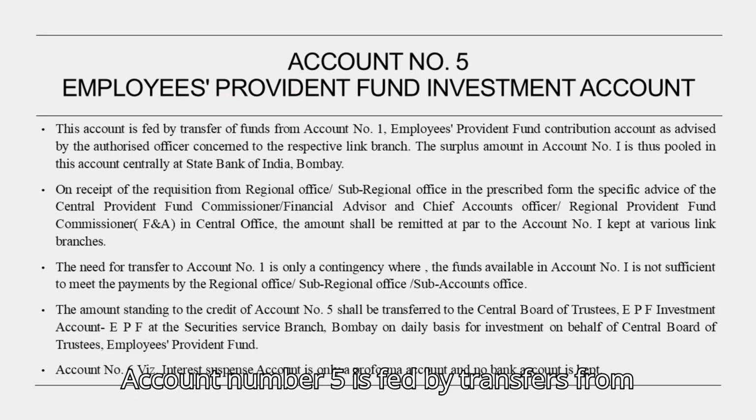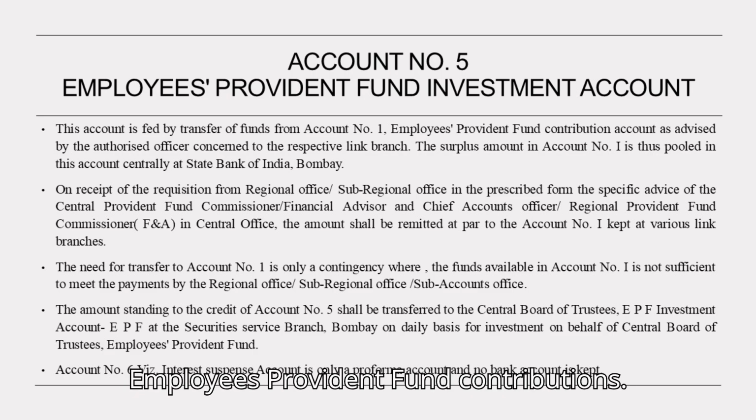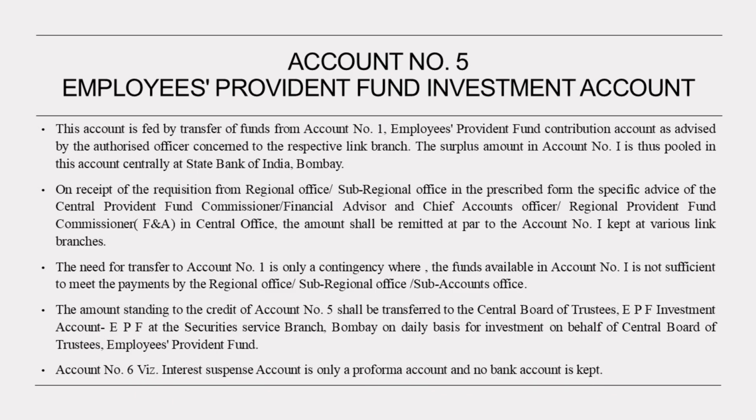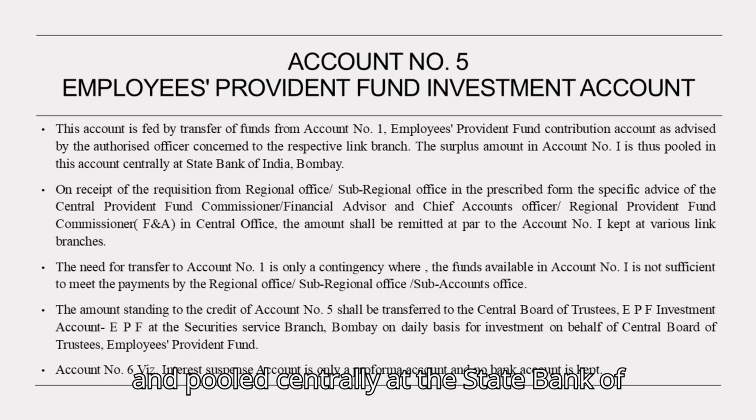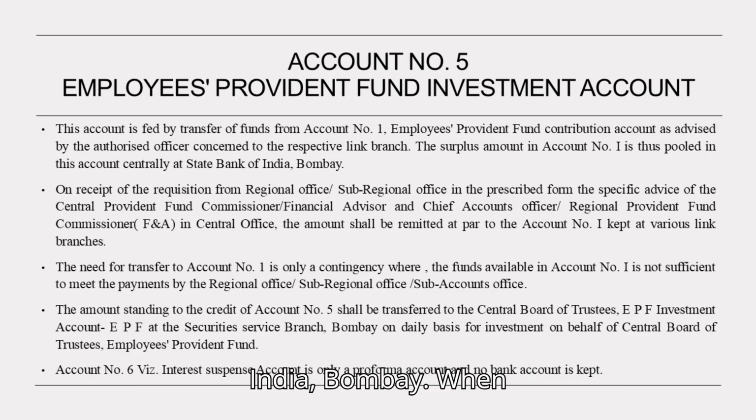Account number 5 is fed by transfers from account number 1, which holds the Employees Provident Fund contributions. The transfer is initiated based on the instructions of the authorized officer and pooled centrally at the State Bank of India, Bombay.